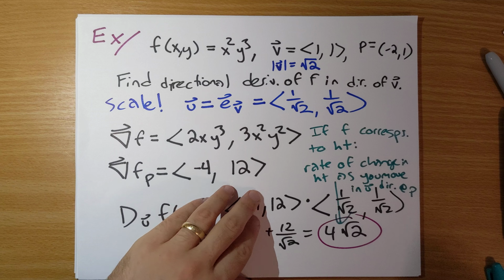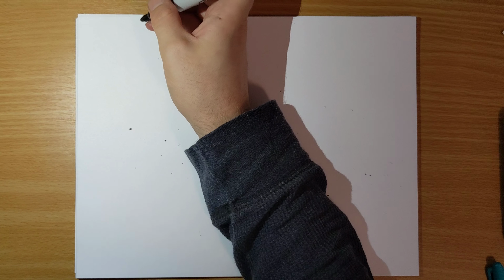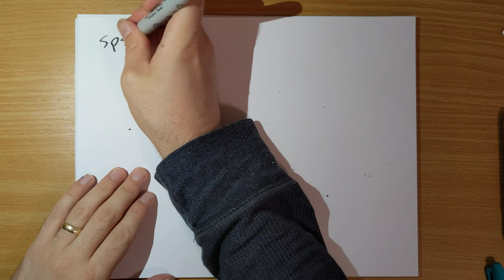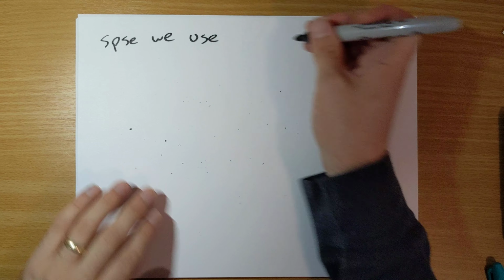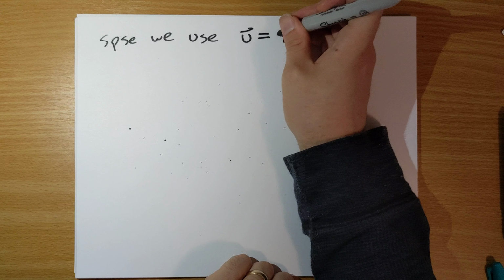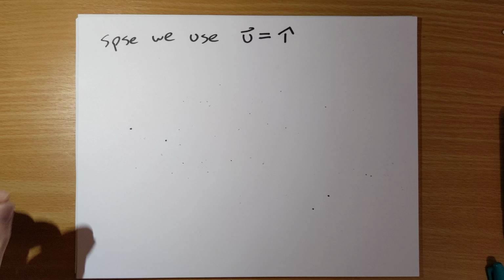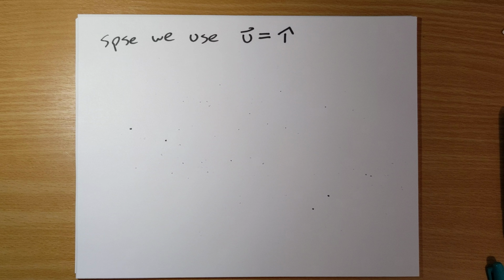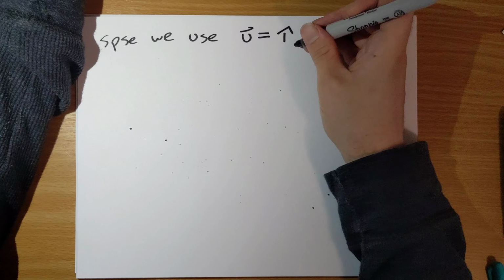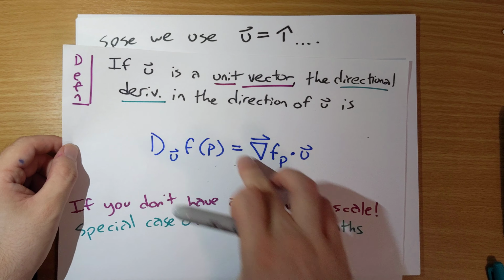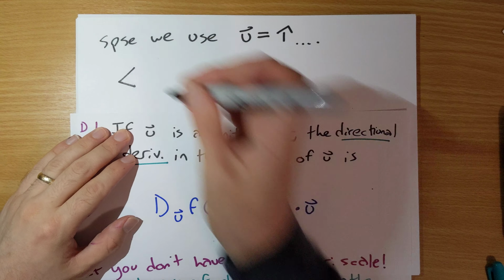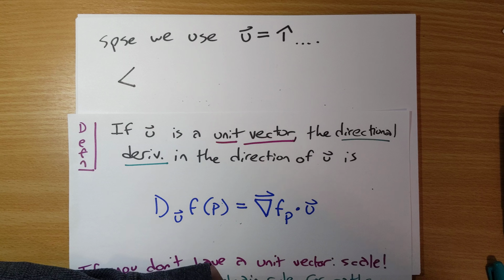Okay, to wrap up this video, one more comment. Suppose we use u equal to i hat, the standard basis vector in the x direction, and let's assume that we're working in 3 dimensions.